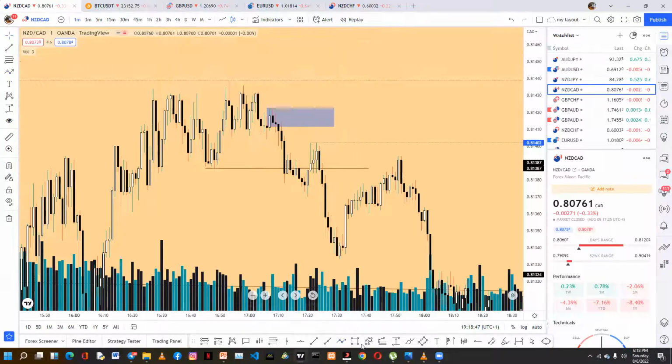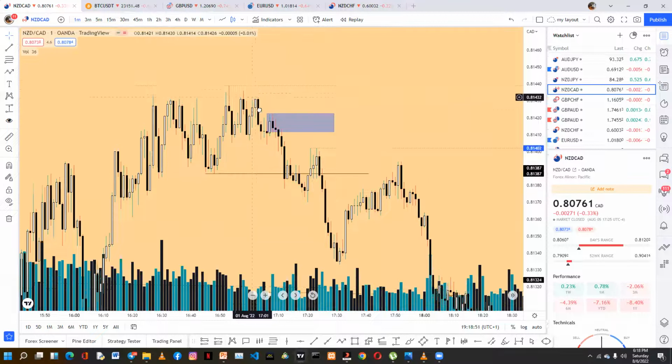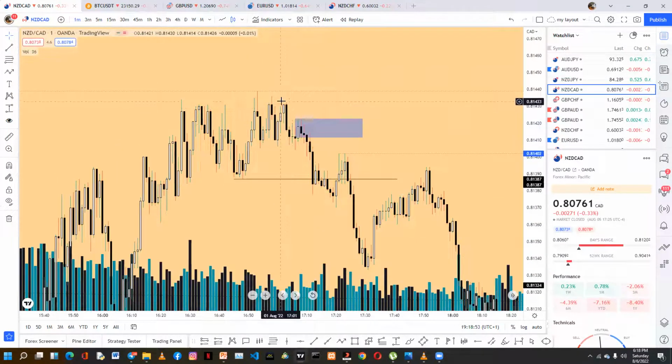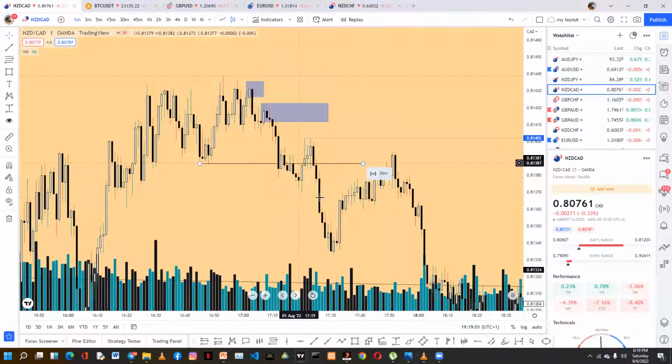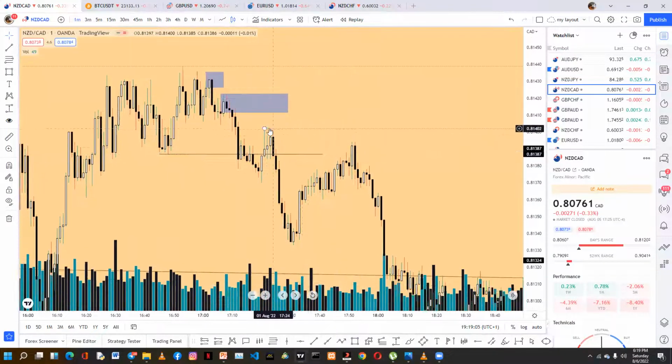Okay, those were not mitigated, so it created some kind of unmitigated zone. Okay, so this pullback. Okay, so all these are primary point of interest. This pullback couldn't make it to the primary point of interest, therefore it became liquidity.